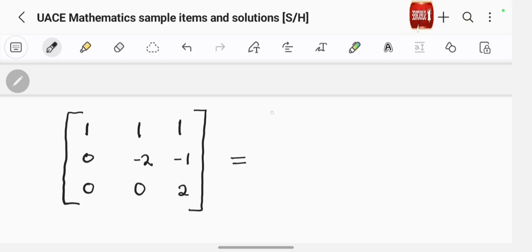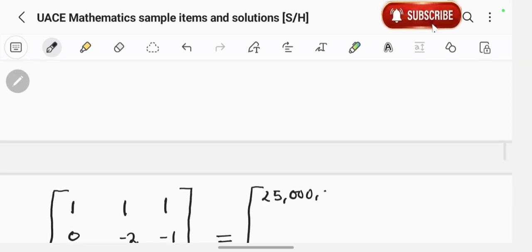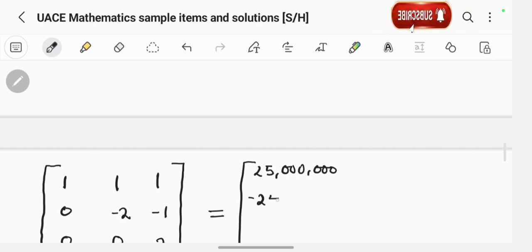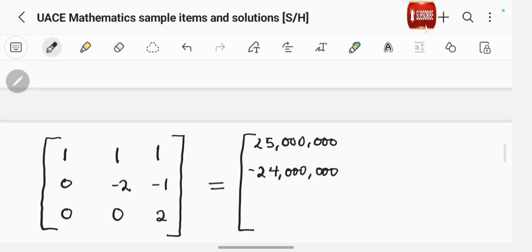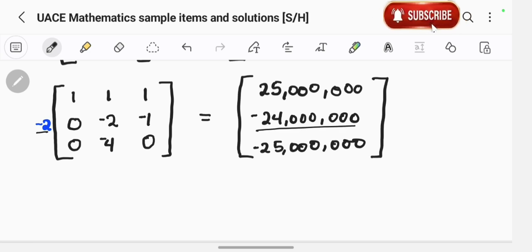Is equal to, here we have 25 m and we have negative 24. Then we have 2 times negative 24.